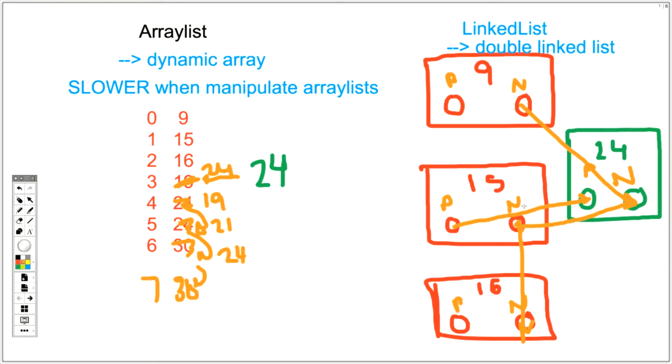So the previous number before 15 was 24. Then the number before 24 was 9. So this previous goes right over here. So right, you can see the flow. Oh, and then the number before 16 was 15. It's right over here.